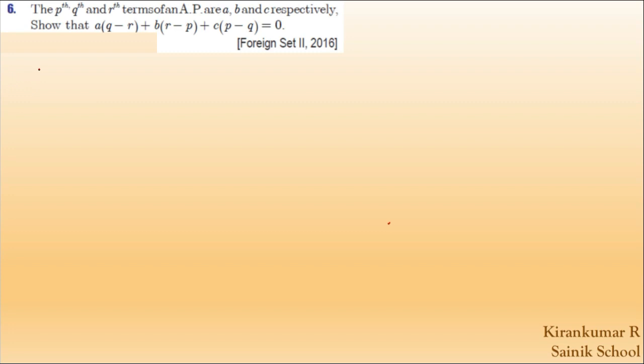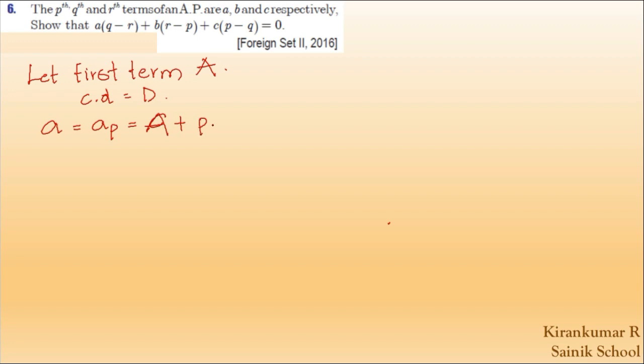For that, let me consider the first term to be capital letter A and common difference be capital letter D. So the pth term is a, which is equal to the first term A plus (p minus 1) times D. Similarly, b will become equal to A plus (q minus 1) times D, and the rth term, which is c, will be equal to A plus (r minus 1) times D.